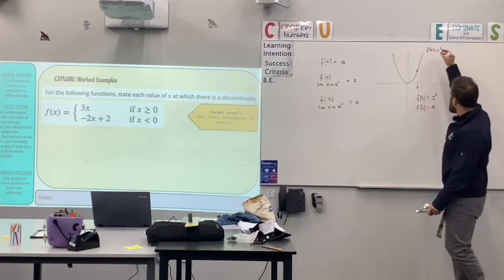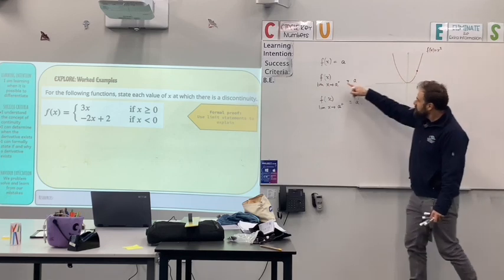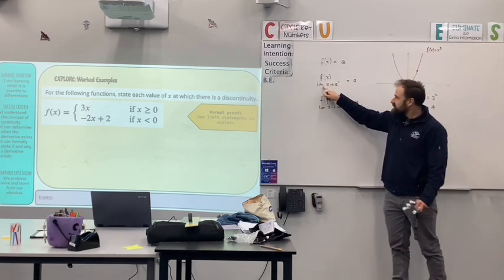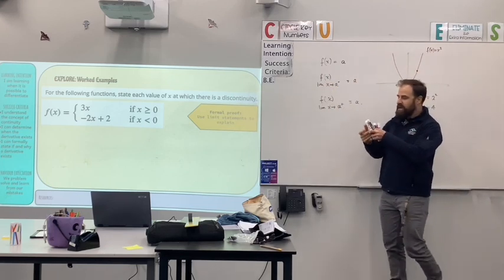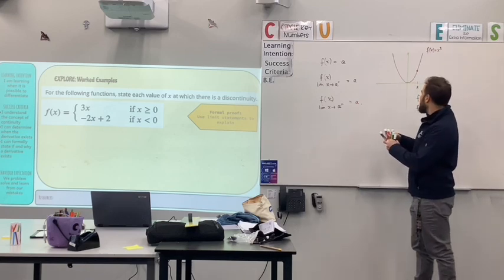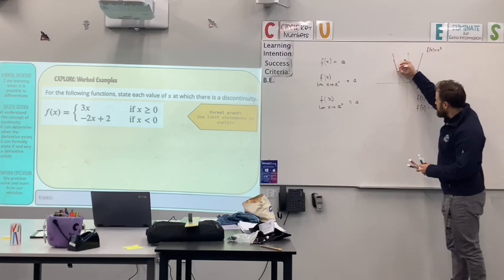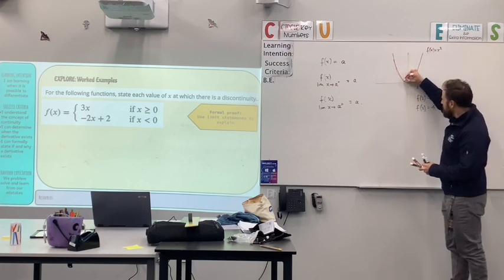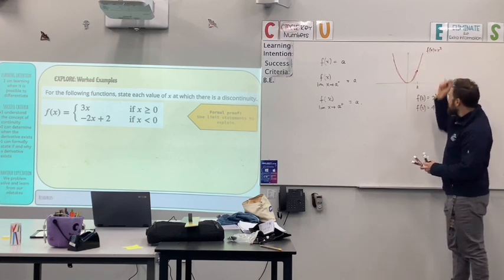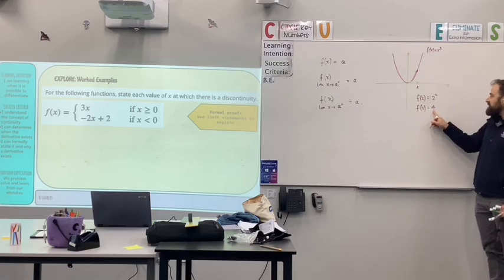Then what this first part is saying is, if I'm tracing my graph from the left-hand side and going along towards the point x equals 2, what is the limit that the graph is approaching? As this approaches x equals 2, is my graph approaching the value of 4?